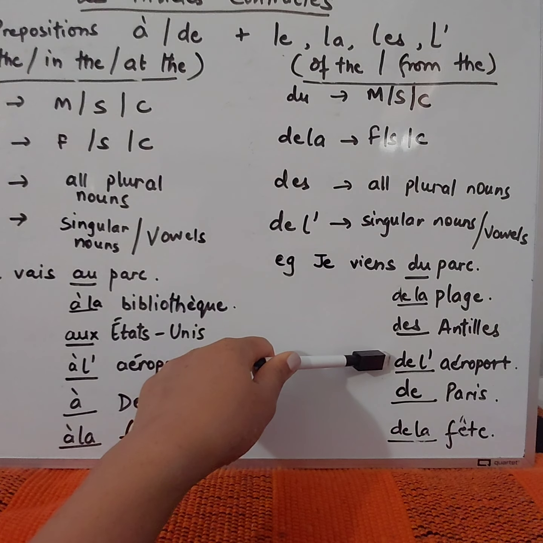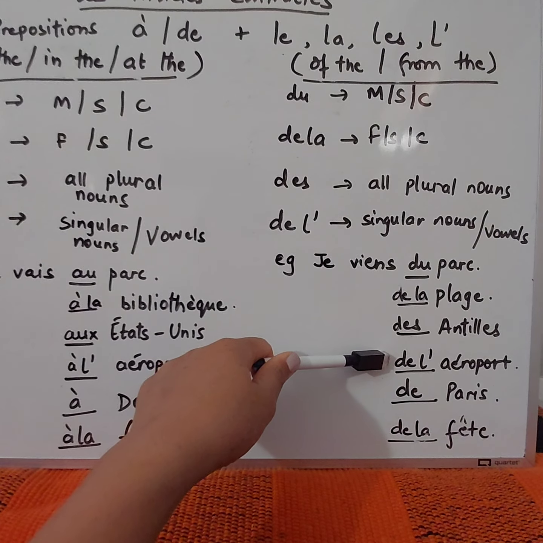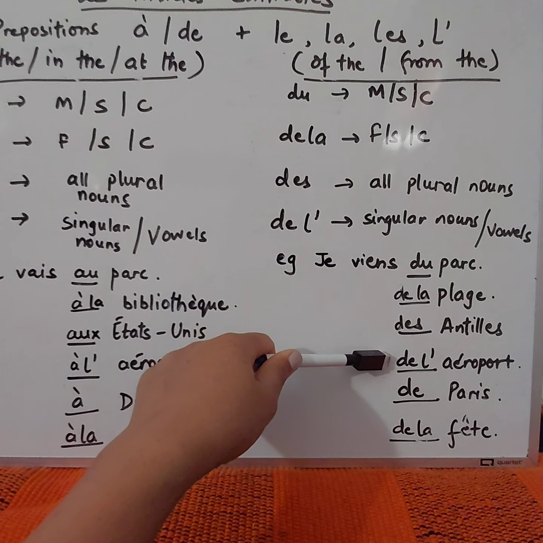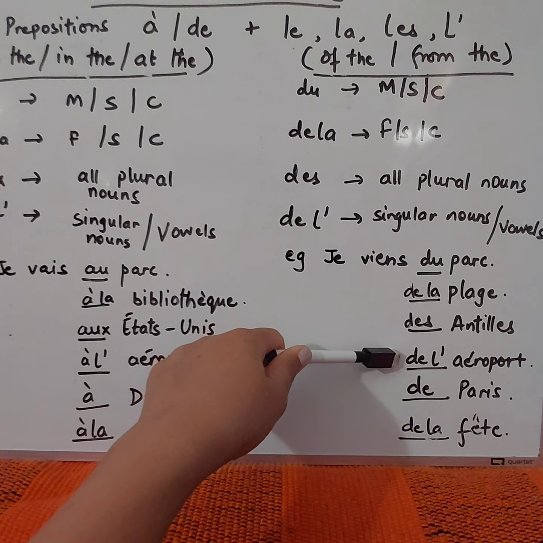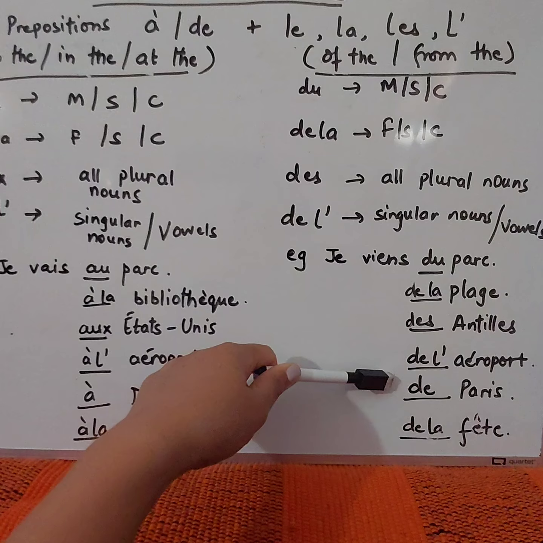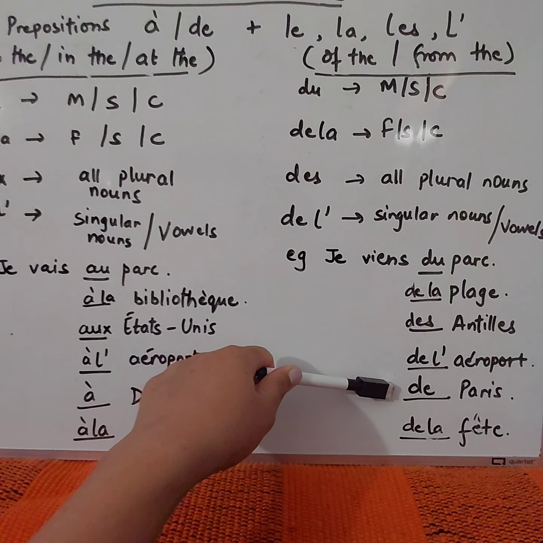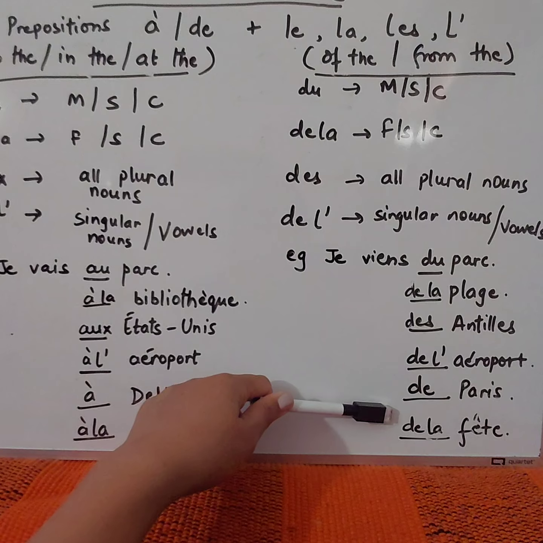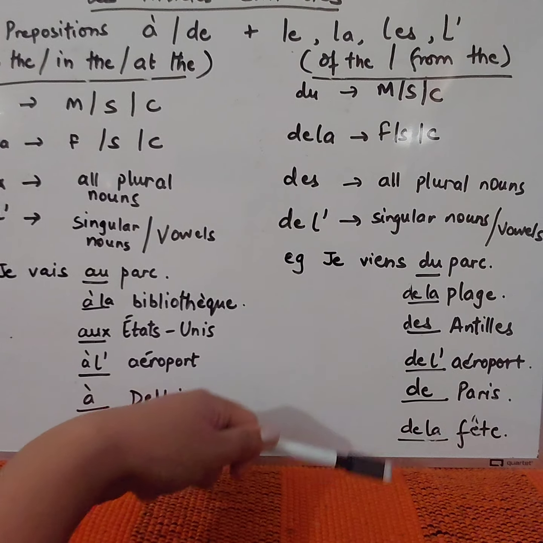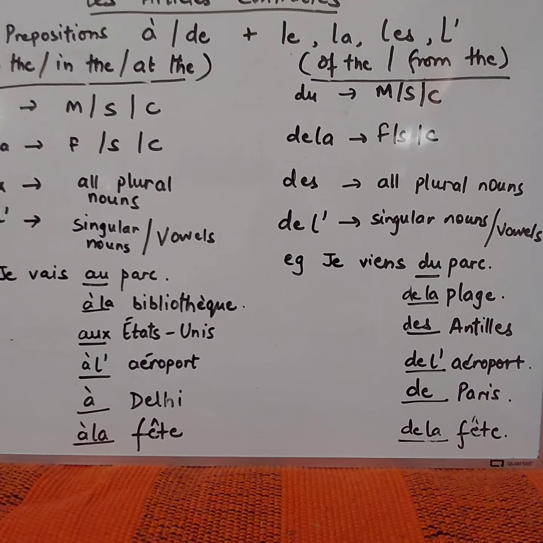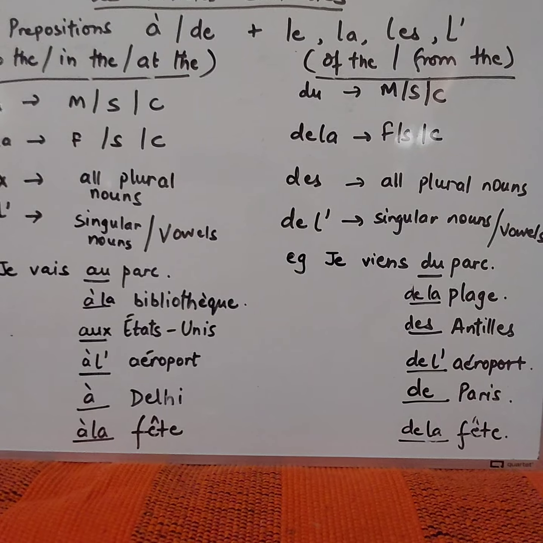So I'll say je viens de l'aéroport because airport is again singular and it's beginning with a vowel. The next one, je viens de Paris. That means I come, or I'm coming, from Paris. Je viens de la fête. That means I'm coming from the festival or fest, right?